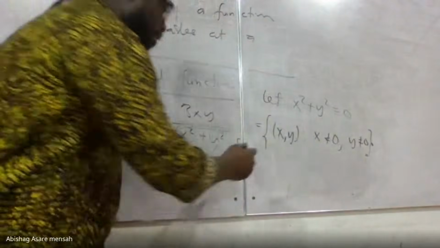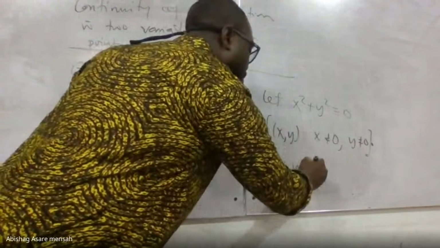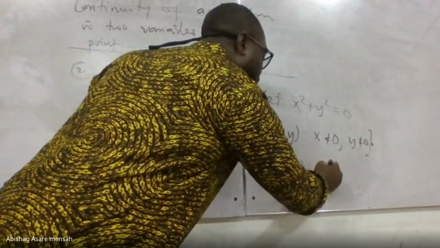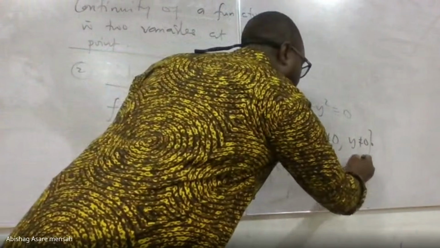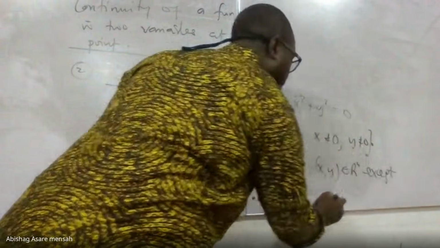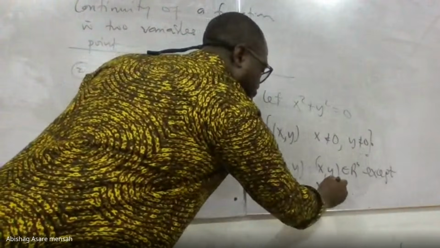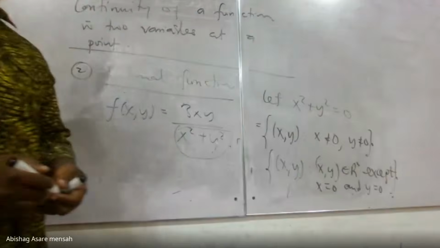You can also write it this way: x and y belong to all numbers except x equal to 0 and y equal to 0. You can also write that.